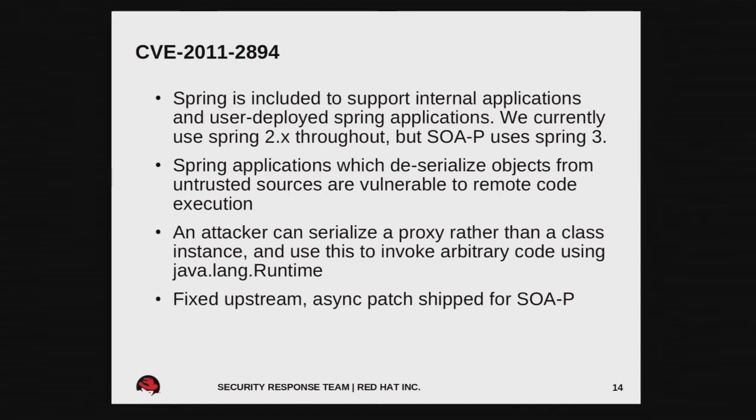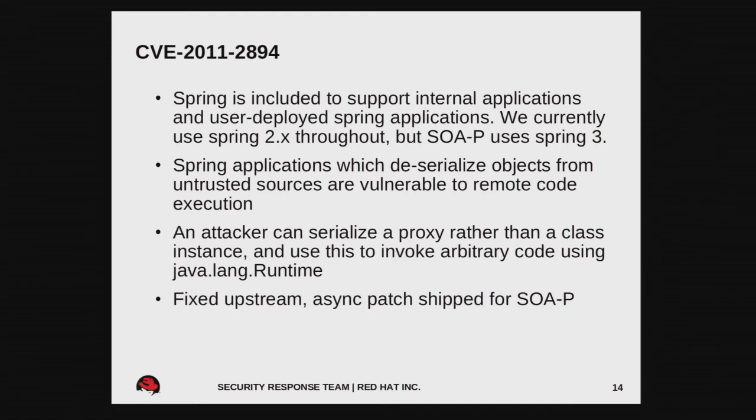So this one, CVE-2011-2894, illustrates the problem that we have with packaging. We package so many third-party components into the JBoss products, and a lot of those maintain their own security response upstream. So in this case, Spring, which is produced by SpringSource and VMware, is another web application development framework that we support. They had some issues where applications could deserialize objects.